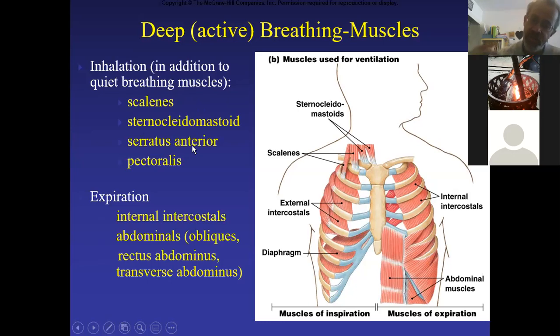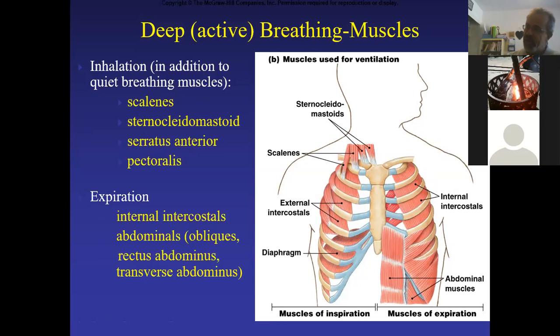Why is this? If you think about it, when you're deep breathing, you need to bring more air in. In order to bring more air in, we've got to drop the pressure even more. How do we drop the pressure even more? By contracting more. So we recruit more muscles for deep breathing.